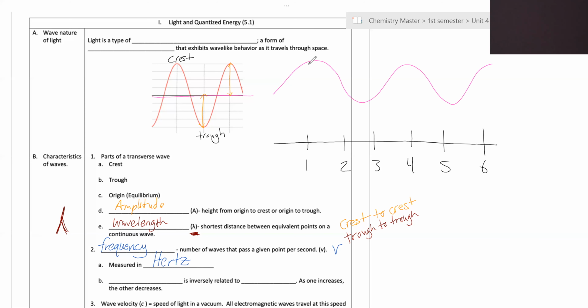I could also have a wave that would go like this. The frequency of the second line, the blue line, is higher. You've got more waves squished into a smaller space. Then I could even have one that goes like this.